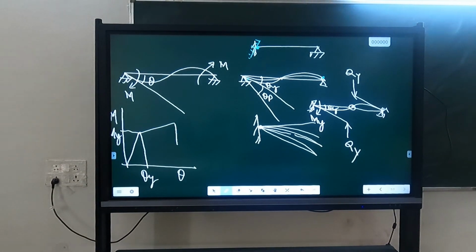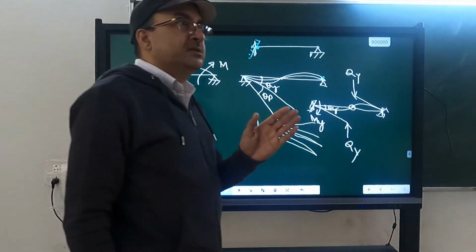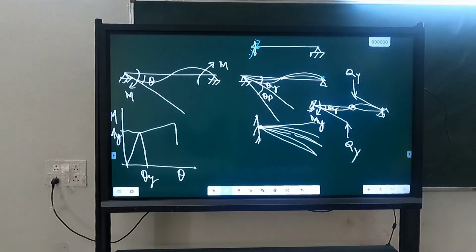In case of pin support, the rotation is free. It can rotate the way it wants. In case of fixed support, it will not rotate at that point. No, it will rotate equal to the rotation of the support, not that the rotation is 0. It has to rotate as the support wants.